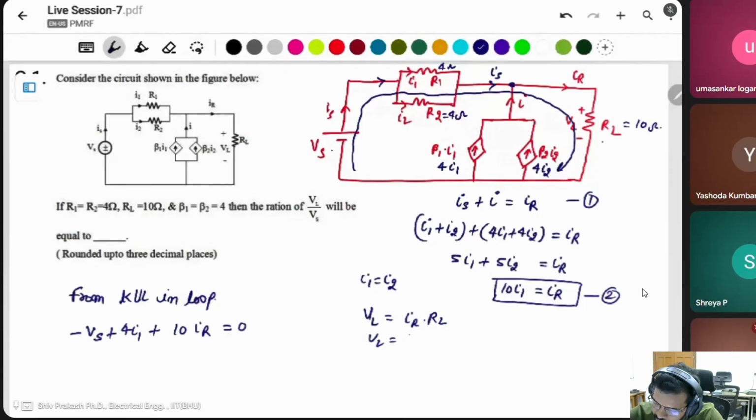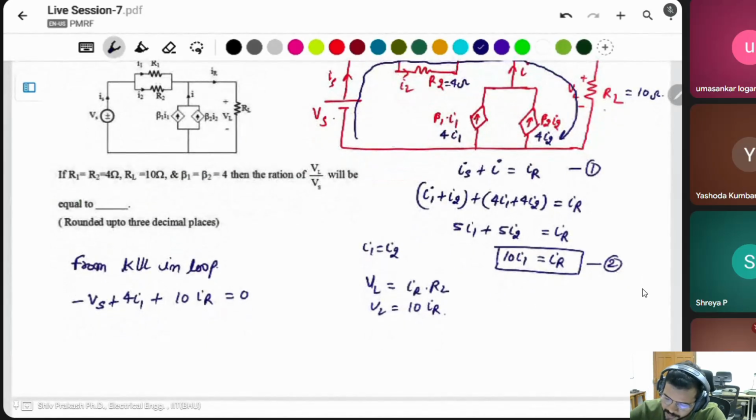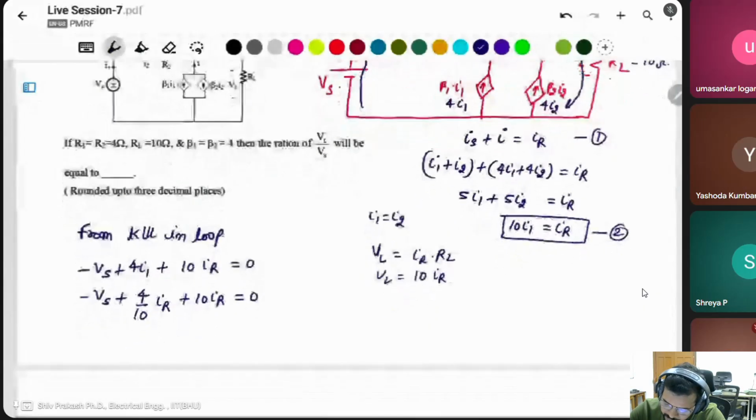RL is 10, it means VL is equal to 10 IR. Minus of VS plus 4 I1, and I1 is equal to IR by 10. You can say 4 by 10 IR plus 10 IR is equal to 0.